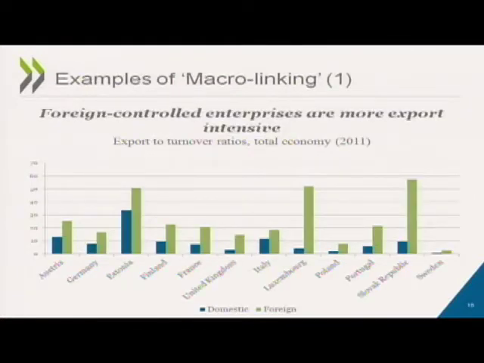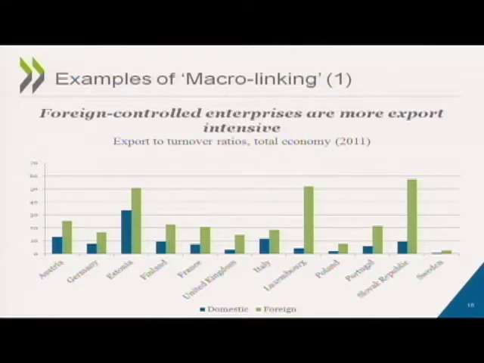So this is one of the first examples that I'd like to show, and we call it macro data linking for lack of any better name. And what we did is link at the industry level foreign ownership and exports and turnover. So these are three data sources. This is the foreign ownership from FATS, it's the export data from Tech, and it's the structural business statistics in terms of turnover.